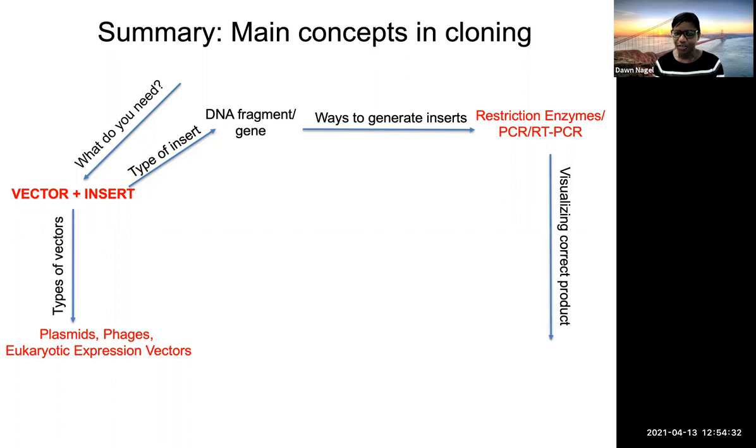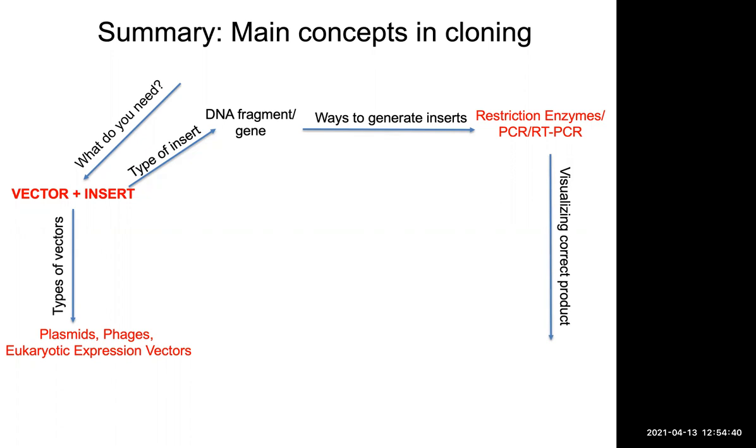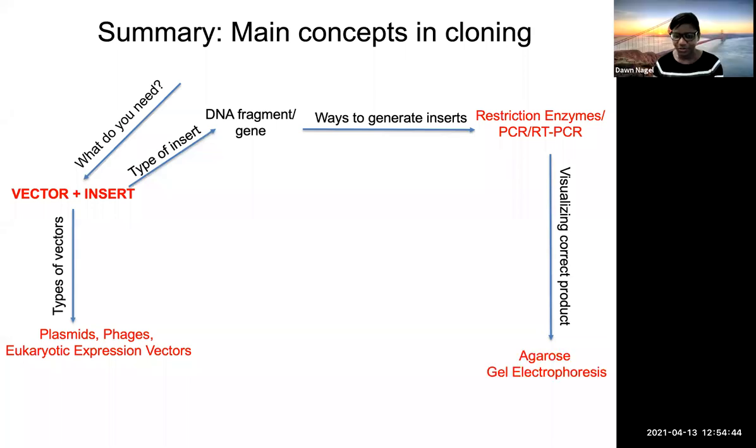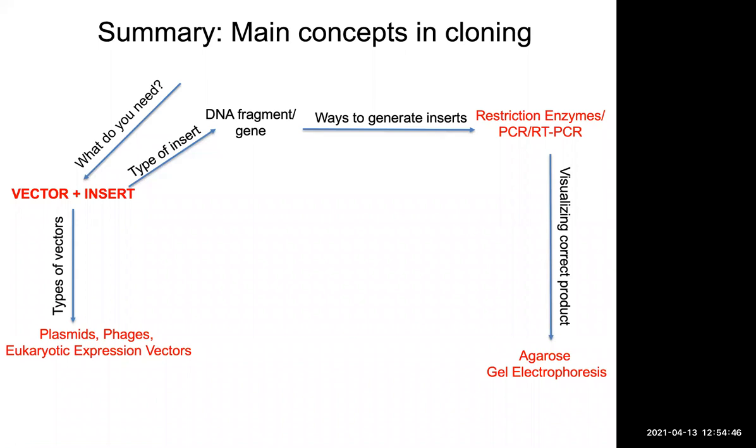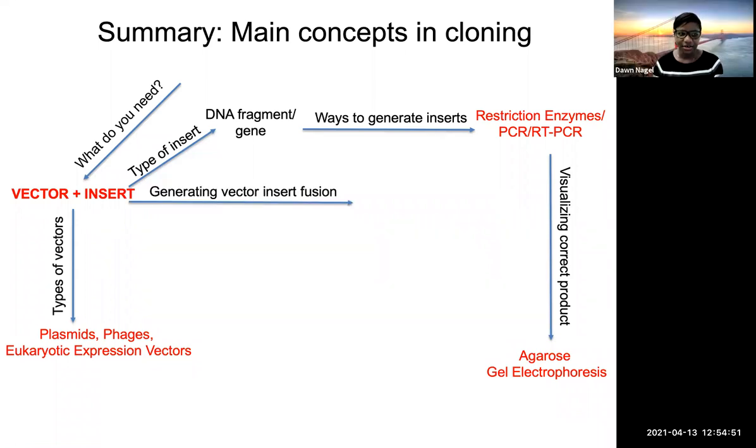After you've done your PCR, how would you visualize that you have the correct product? We run the gel and see the size of the DNA. Exactly. You run the gel, and everything looks fine. So then how would you generate your vector insert fusion?